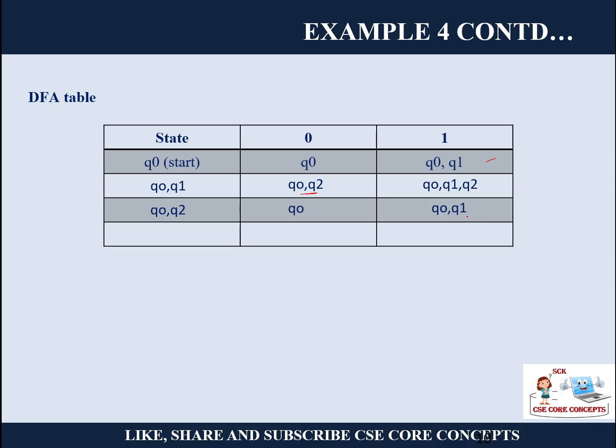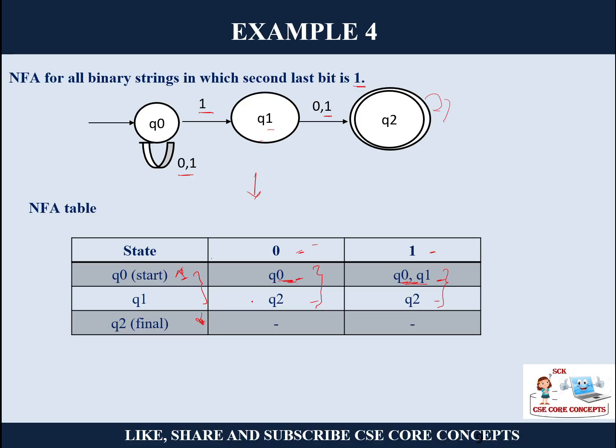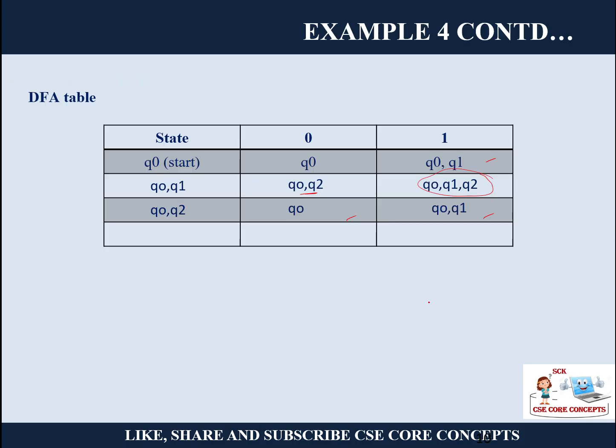Right? This is done, but this one has not yet been traversed, right? So let's traverse this one, Q0, Q1, Q2. For Q0, Q1, Q2, with 0 you will go to Q0, Q2 state. With 1 you will go to Q0, Q1, Q2 state. So all have been traversed.